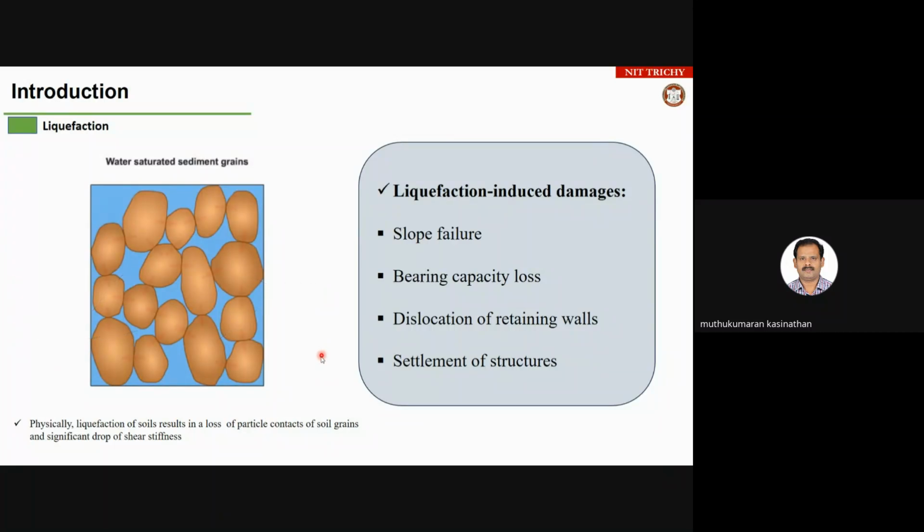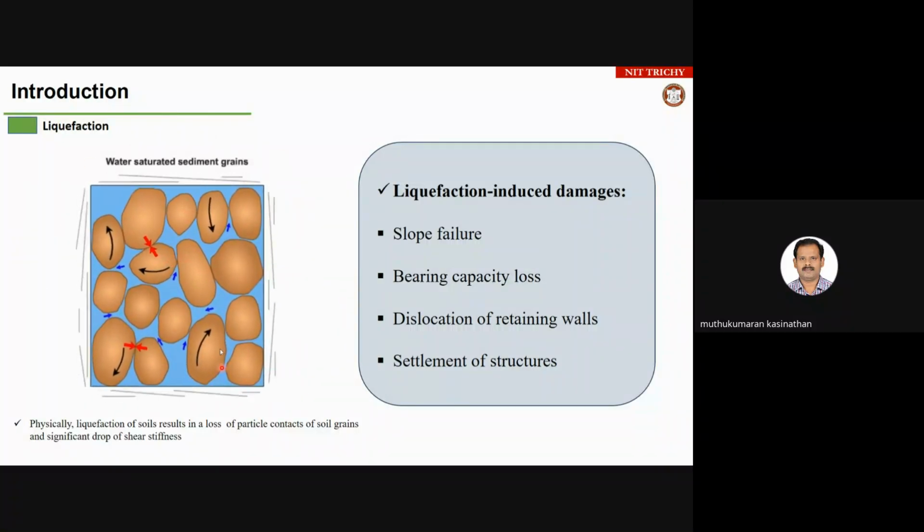Conceptually, you can see here this is what happens in the real field. Before the earthquake, the soil grains have more connections. The shear strength mobilization depends on the connections between the particles, so once the particles are highly connected, you have more resistance.